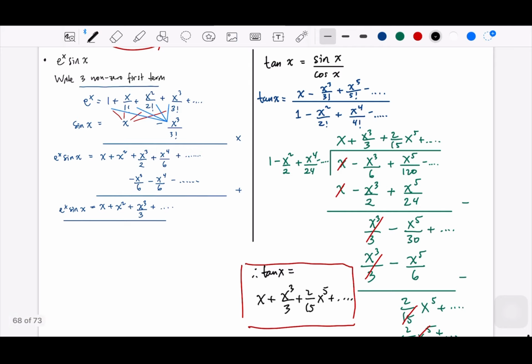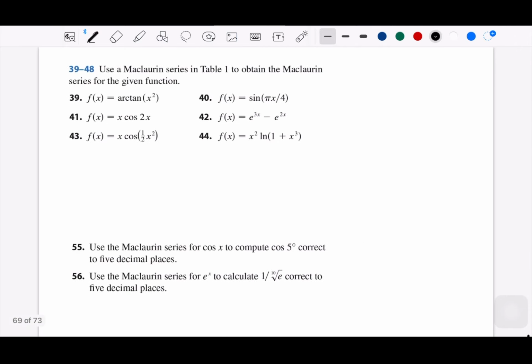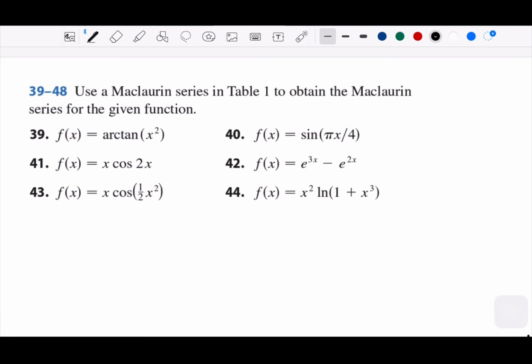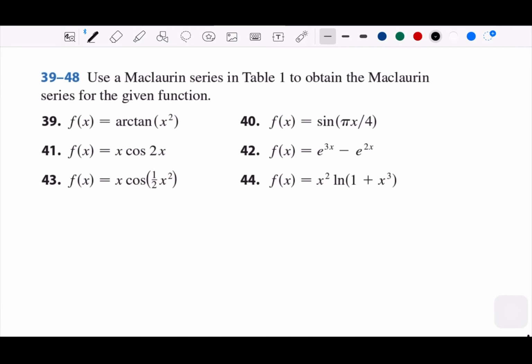Okay, let's see the example. Okay. So how to deal with this question is basically we are going to exchange into the basic Maclaurin series.